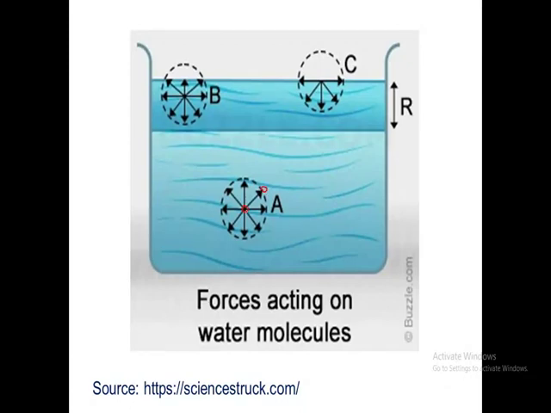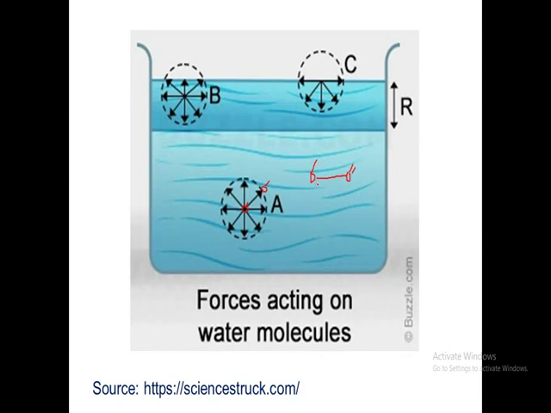So what is the distance up to which this molecule can exert some kind of attraction force on this molecule? The distance between these two is such that this molecule is capable of exerting some force on this molecule, or this molecule is capable of exerting some force on this molecule.